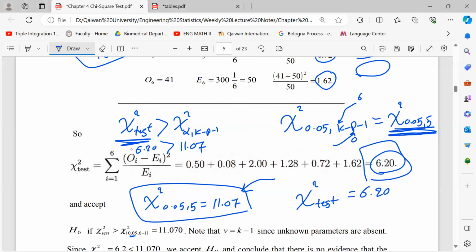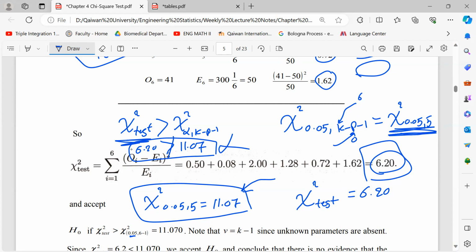Is this statement true? Is 6 greater than 11? No, it's not true. If it's true, then we reject H naught. But here, this statement is not true.